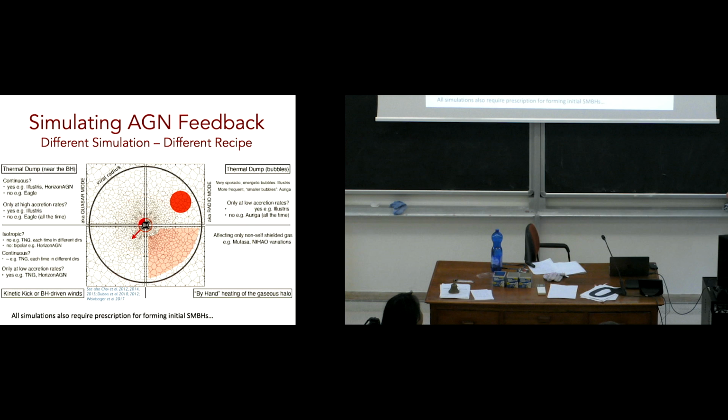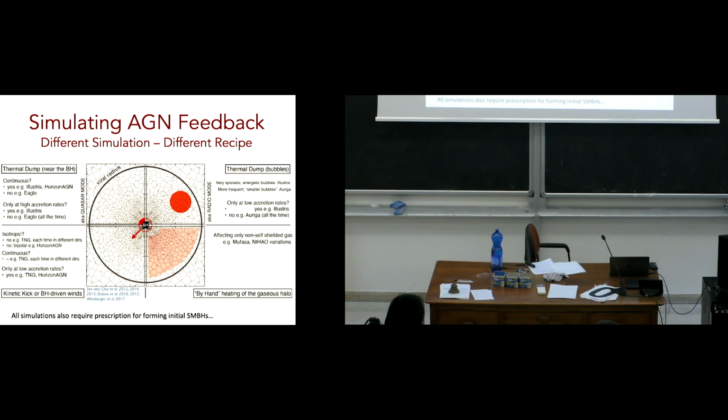And there's a number of slight variations across different simulations. Then there's another by hand option implemented in some Mufasa and Nihao variations that affect only the gas on the outskirts.